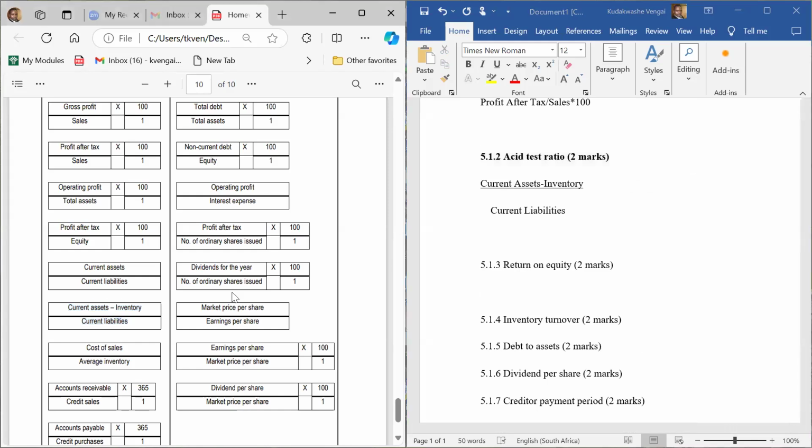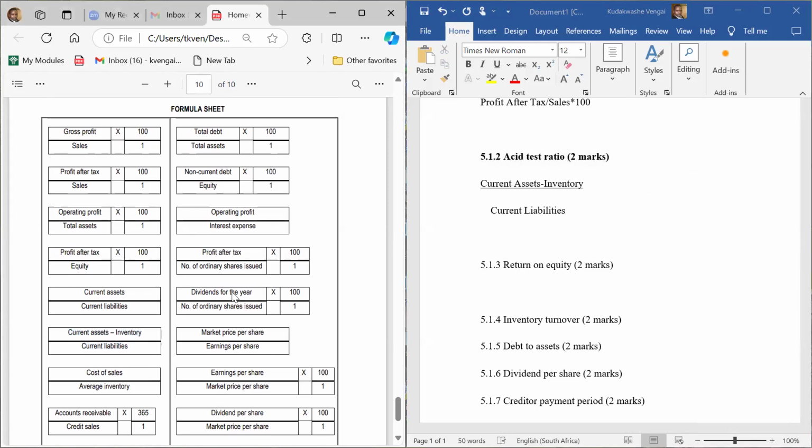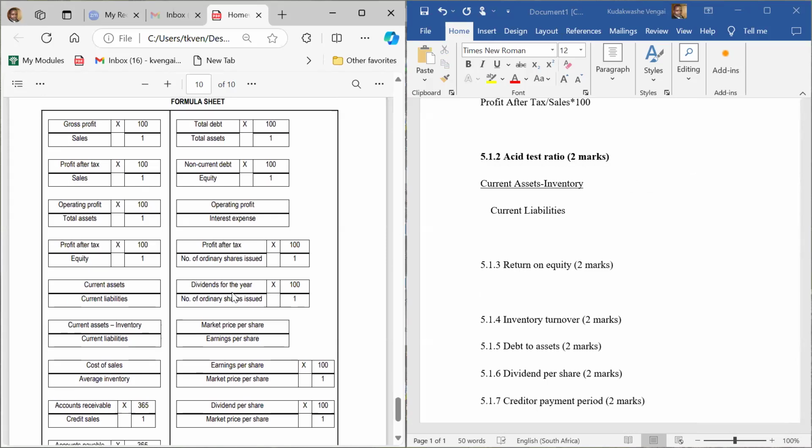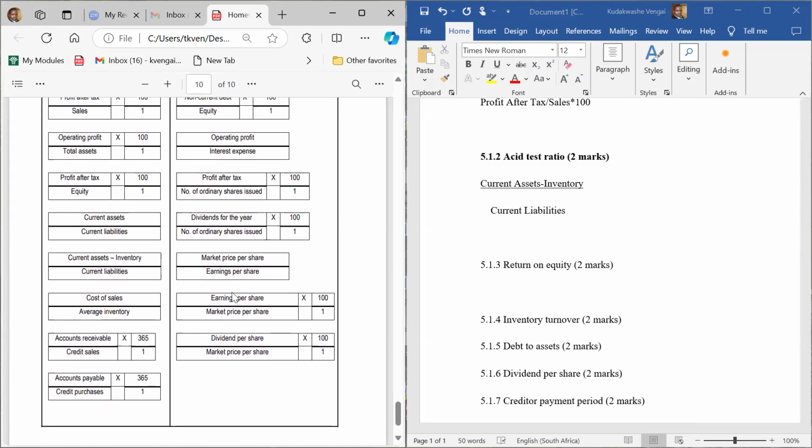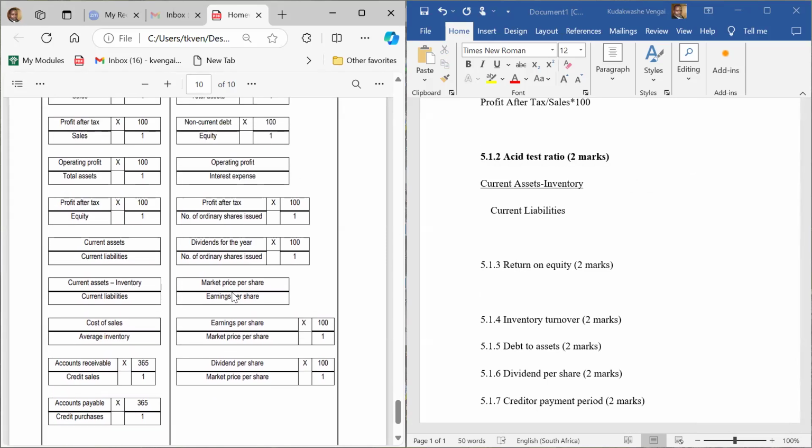And then you've got return on equity. Return on equity, let's see which one it is. It's going to be the net profit after tax divided by the equity.